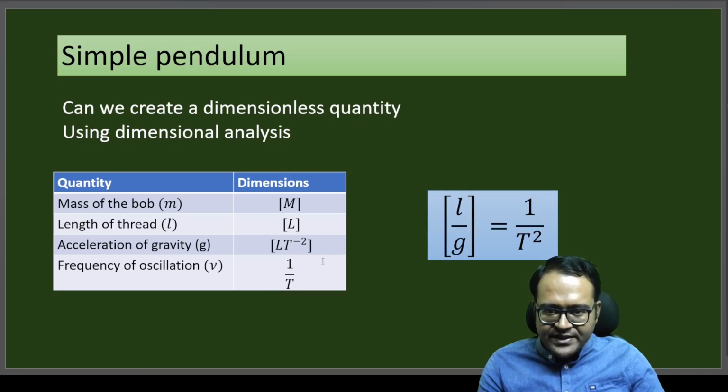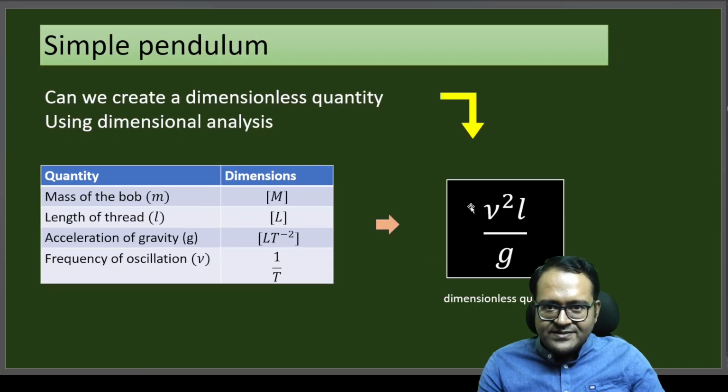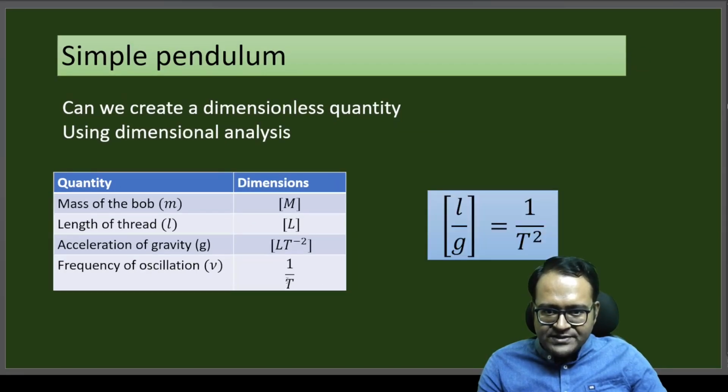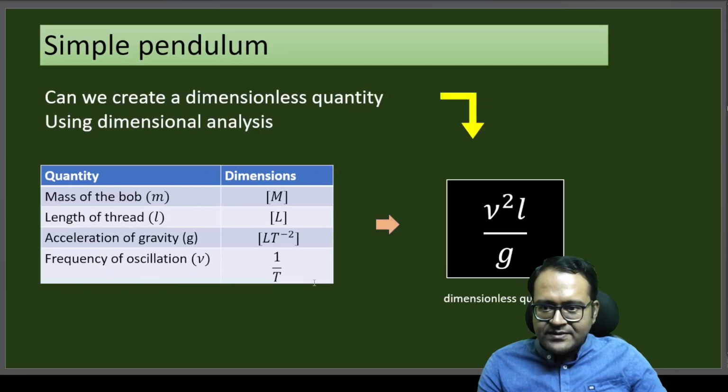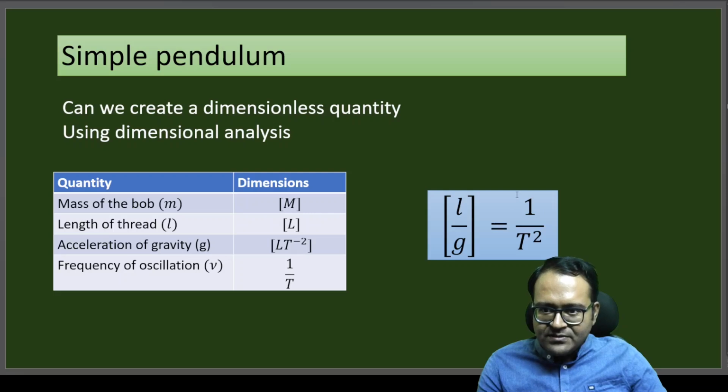So you got your answer, right? The frequency of oscillation 1 by t square is equal to L by G. So your dimensionless quantity will be nu square L by G. Nu square has dimension of 1 by t square, and L by G has dimension of 1 by t square.